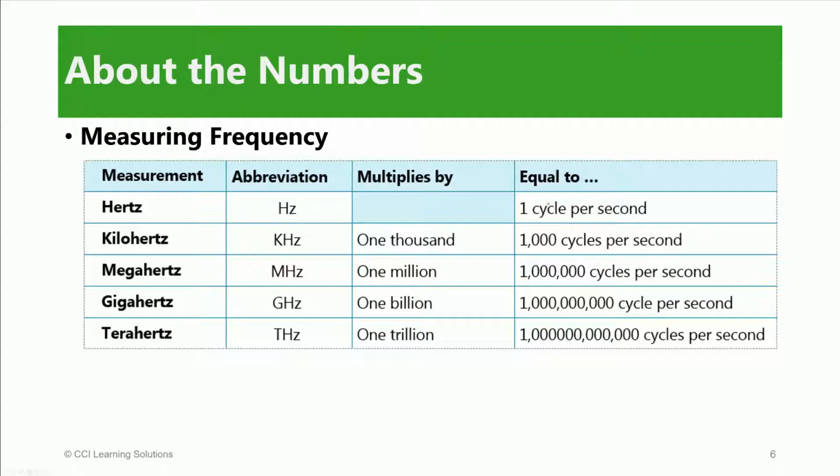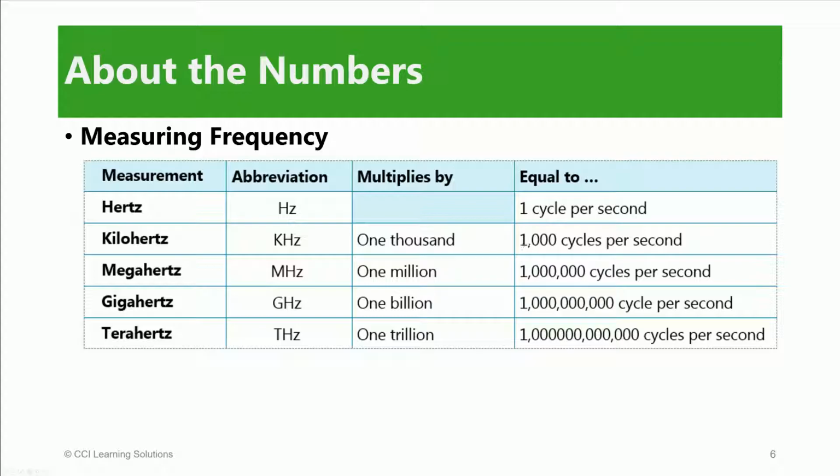Now, measuring frequencies. So the lowest count is hertz, which is 1 cycle per second. And then, as you can see, we have kilohertz, megahertz, gigahertz, and terahertz, which all have their respective abbreviations just by adding in the first letter of each one and HZ.